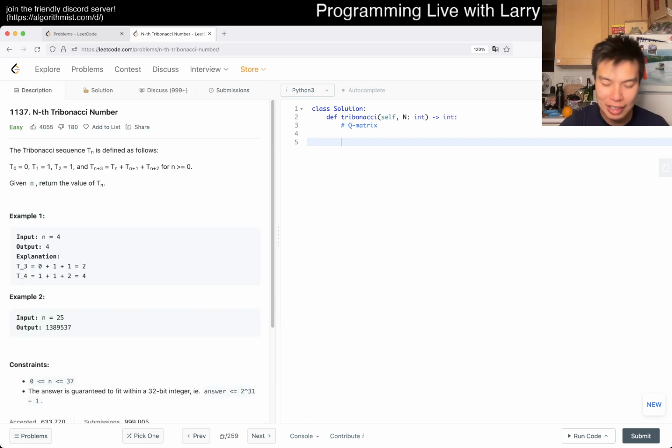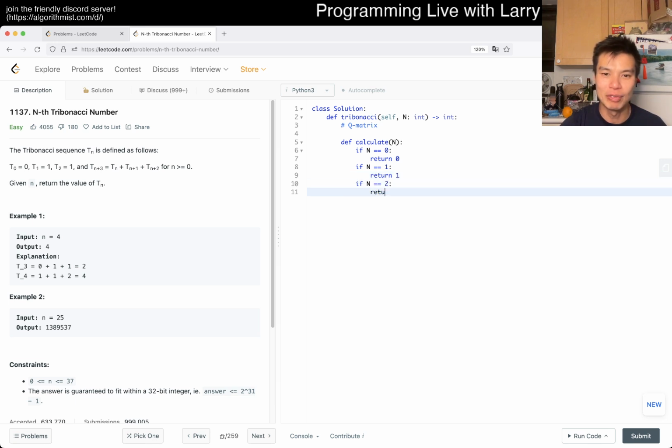So here we can just calculate the nth number. They give you the formula, so it makes it very easy. If n is equal to 0, we return 0. If n is equal to 1, we return 1. If n is equal to 2, we return 1. That's the base condition, literally.